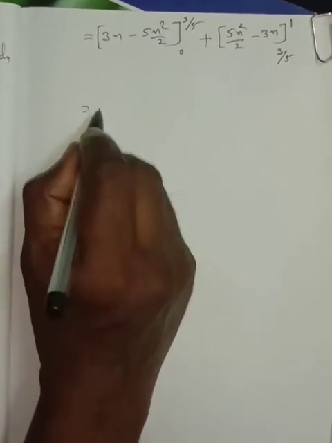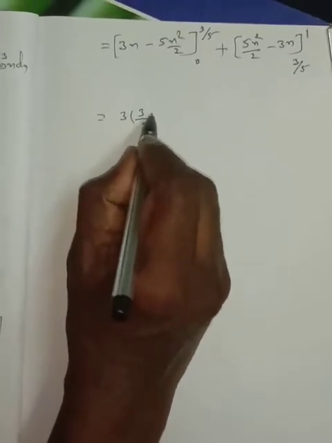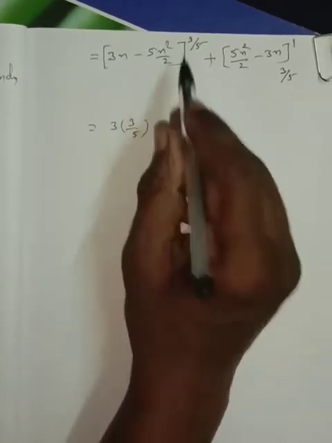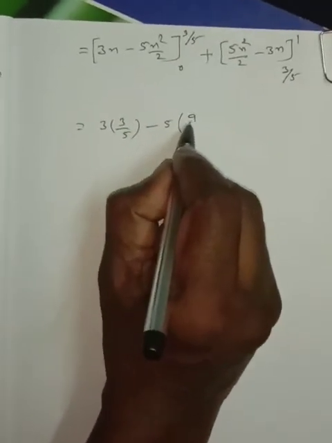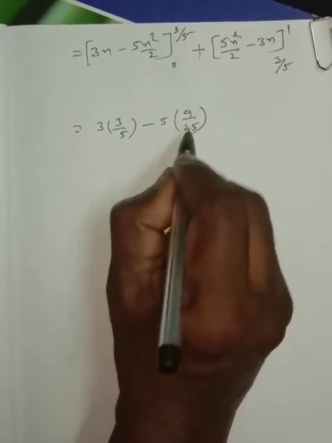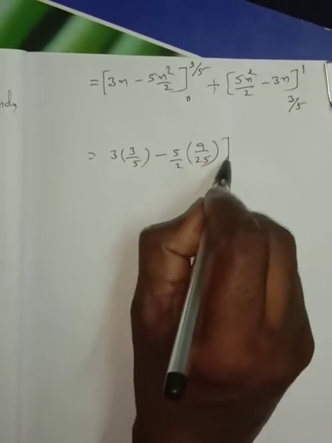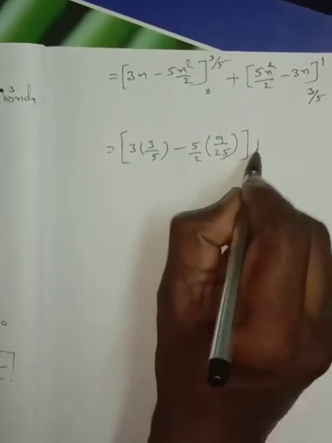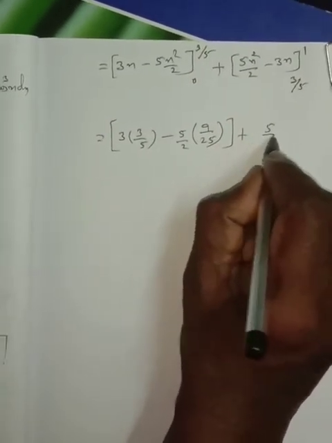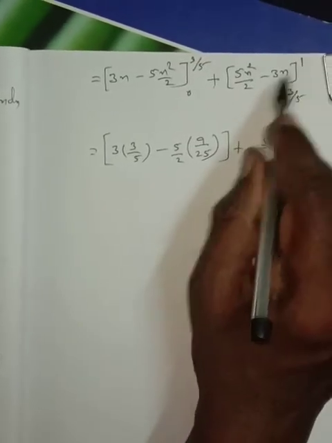Apply upper limit 3 into 3 by 5 minus 5, squaring we get 9 by 25, by 2, plus 5 by 2 minus 3.